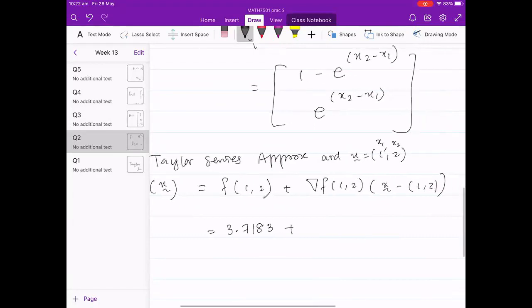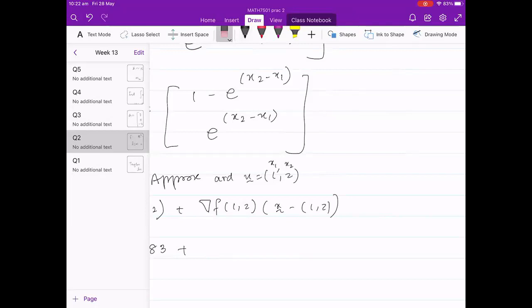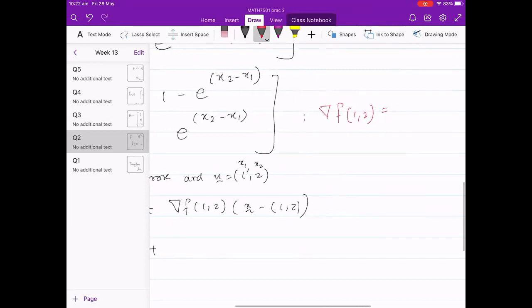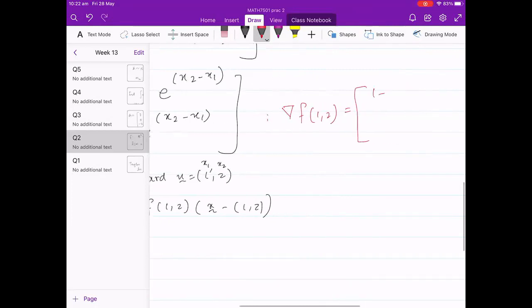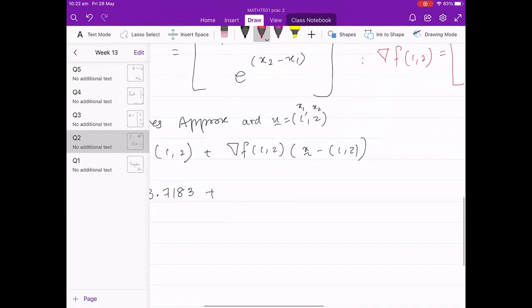Plus, then we got the derivative, which you compute at (1, 2), which means 1 minus e to the power x2 is 2, so it's 2 minus 1. And this is e to the power 2 minus 1 as well.